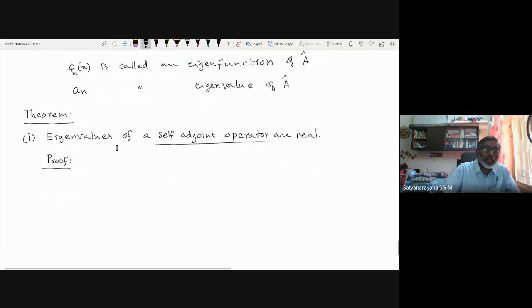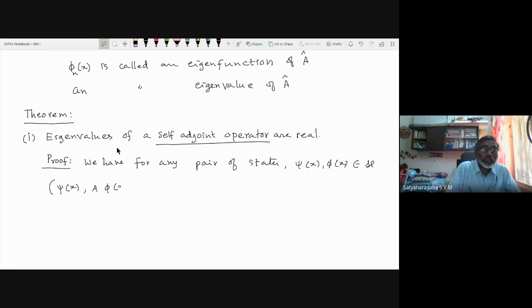So consider the definition of a self-adjoint operator. That is, for any pair of states, namely psi of x and phi of x in the Hilbert space, because A is Hermitian, (psi of x, A phi of x) is equal to (A psi of x, phi of x).